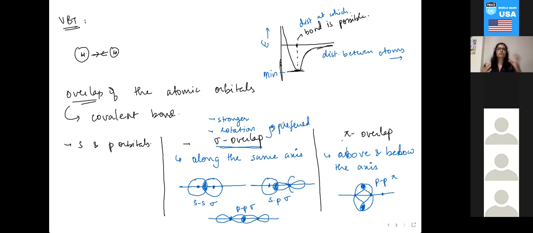Whenever two atoms get ready for chemical bonding, your first preference is always for a sigma overlap. So the first bond, whenever it happens, single bond, double bond, triple bond, whatever bond is there, is always a sigma overlap. And then if there is a second bond, like in double bonds or triple bonds, that is going to be pi overlap.